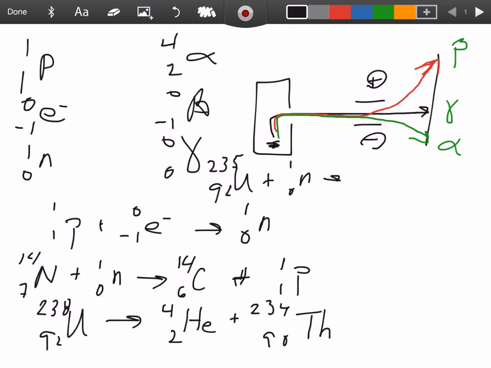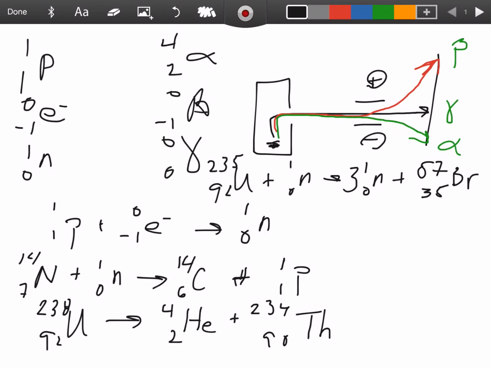And it turns out what you get from that is 3 other neutrons. So this is what we're going to refer to as a chain reaction a little bit later on. But we get 3 neutrons from that. We also get bromine-87, and bromine has a number of protons of 35.